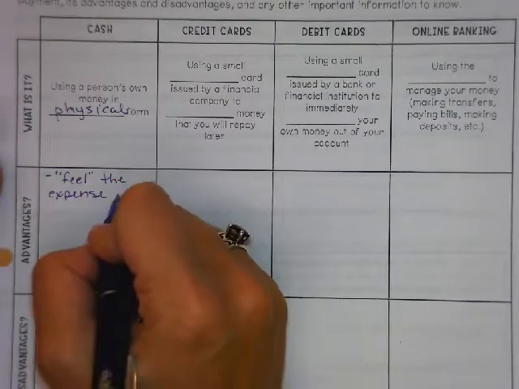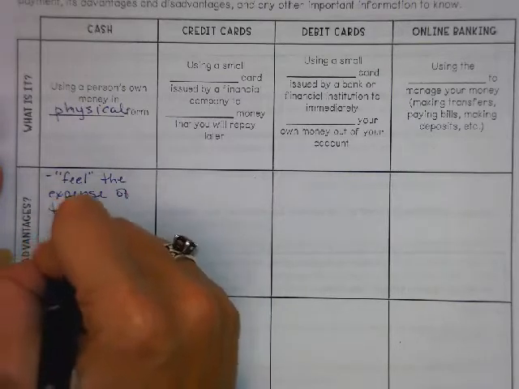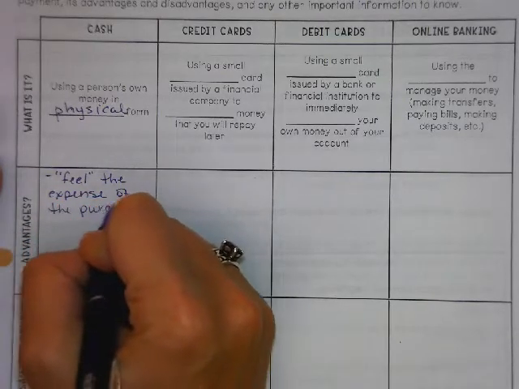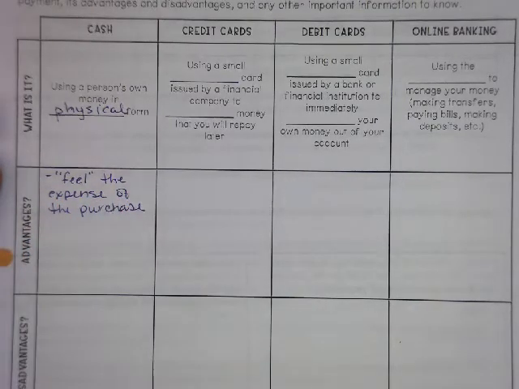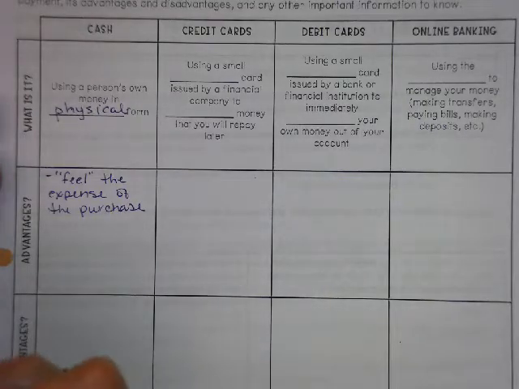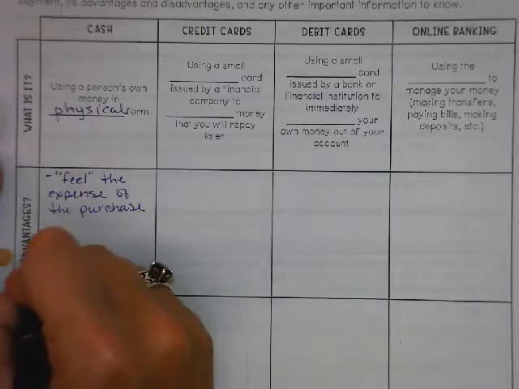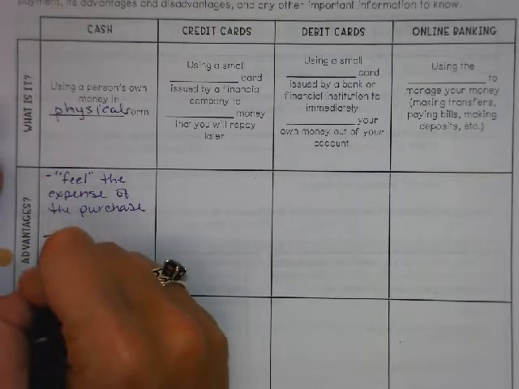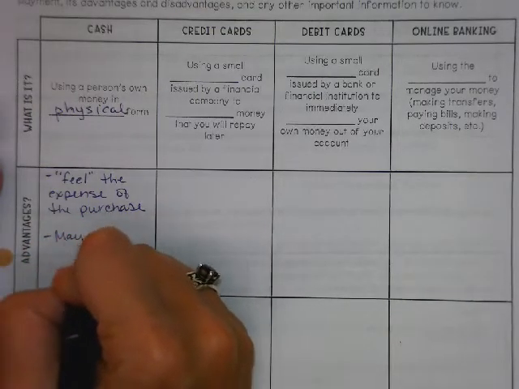You feel the expense of the purchase, right? So if you have $20 in your wallet, you've used that $20, you can actually see it go out of your wallet. And it may help you stay on budget.